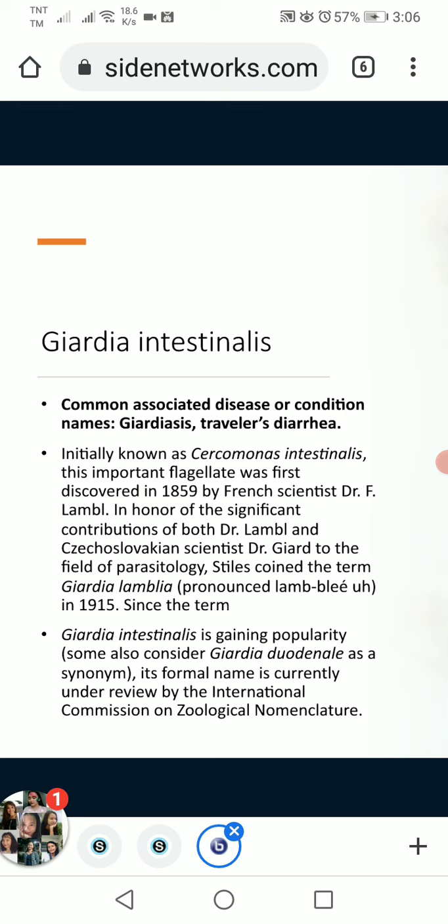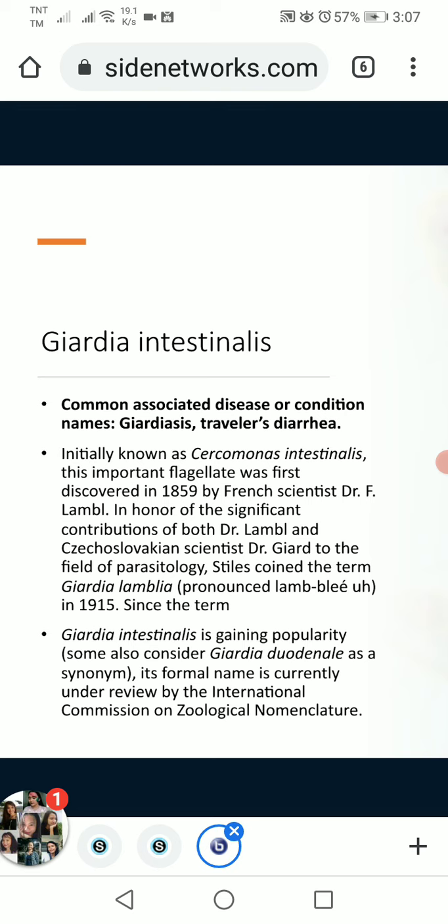So until now, class, the name of the parasite is still on review with the Commission on Zoological Nomenclature. Ano na ba talaga ang pwedeng gamitin or yung pwede talagang itawag sa parasite nito under Zoological Nomenclature. Pero sa book kasi natin intestinalis siya, so we are going to retain this name.